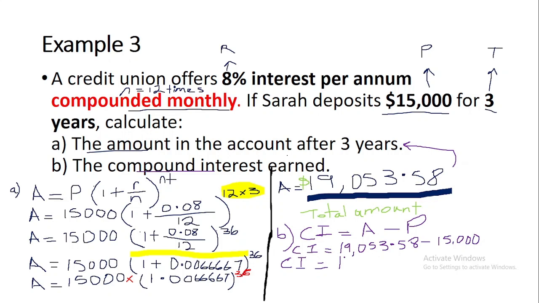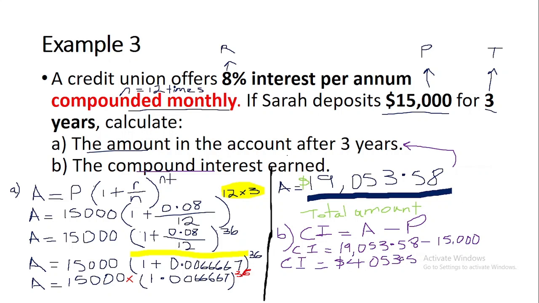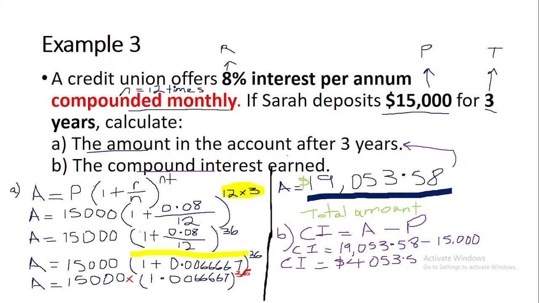So remember to put the dollar sign now. That's gonna be $4,053.58, 58 cents.